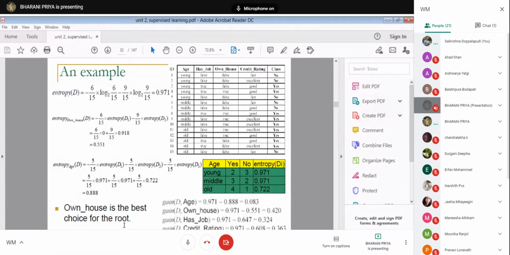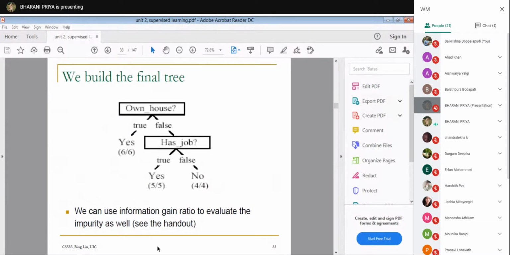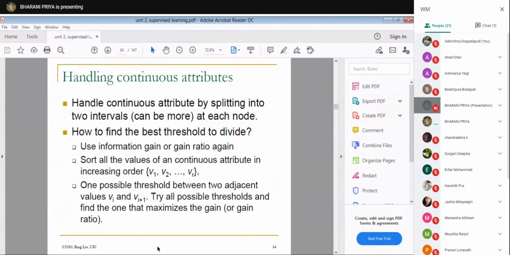By using these entropy values you check the impurities, and the attribute with the highest information gain is taken for branching. So this is the final tree.